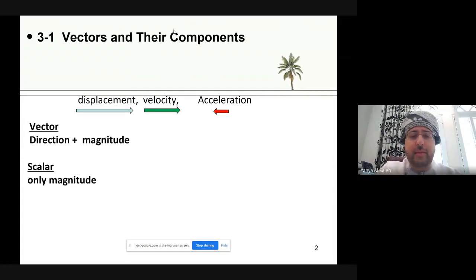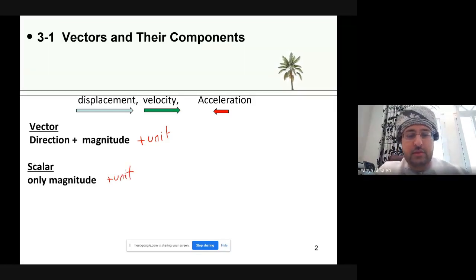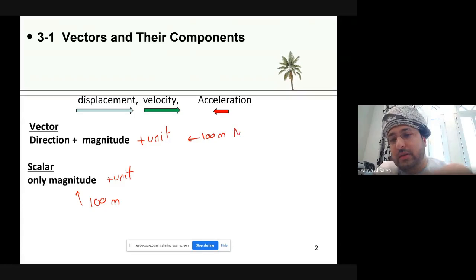Now there's something important that this doesn't say, so I'm going to write it down. Each one of them has a unit. So for scalars, it needs to be 100 meters. For vectors, it needs to be 100 meters north, for example.